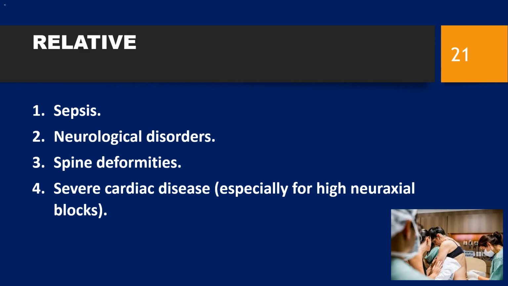Spine deformities. Anatomical abnormalities can make it challenging to perform regional anesthesia safely and effectively. 4. Severe cardiac disease, especially for high neuraxial blocks. Neuraxial blocks can cause significant hemodynamic changes, which may be poorly tolerated in patients with severe cardiac disease.